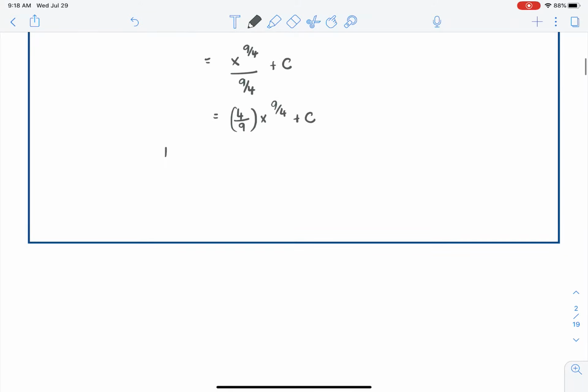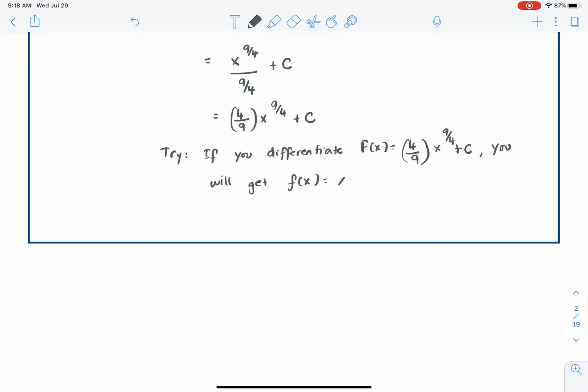I want you to try at home. If you differentiate uppercase F of x equals 4 over 9, x raised 9 over 4 plus c, you will get lowercase f of x, which simply is x raised 5 over 4, or the fourth root of x raised 5.